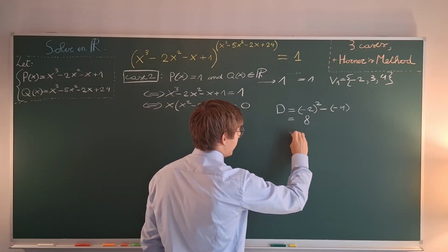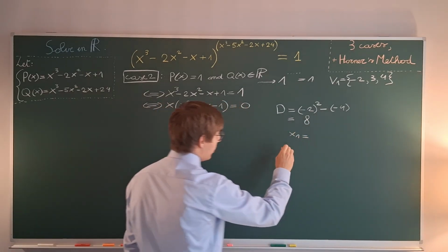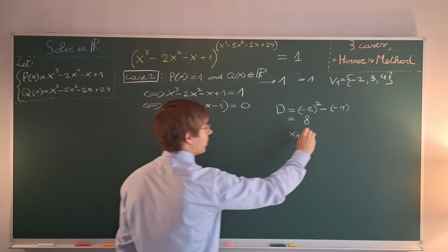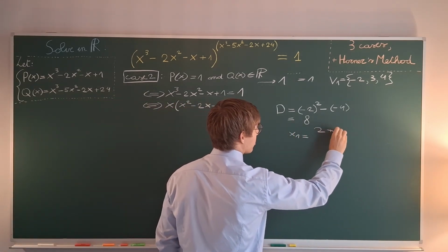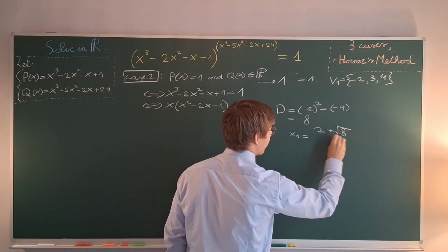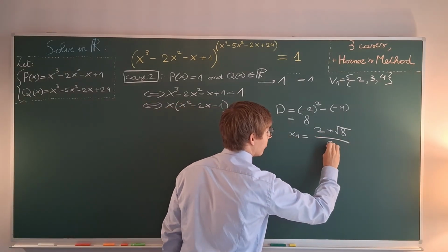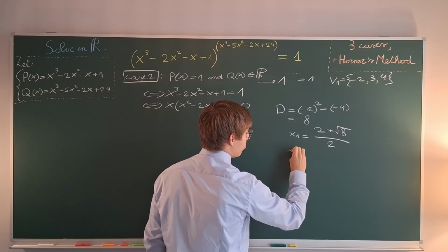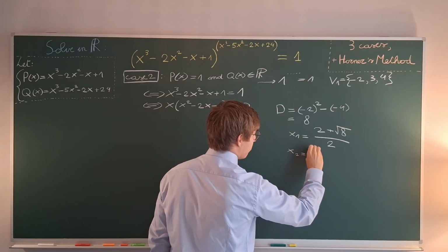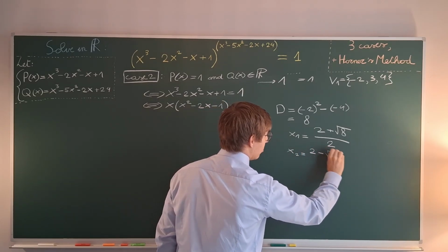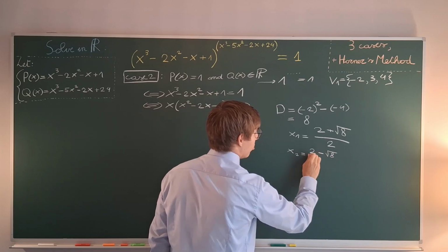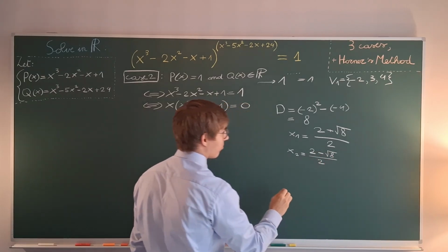So x1 is equal to minus b, which is 2, plus the root of 8 over 2a, which is 2. And x2 is minus b minus the root of 8 over 2.